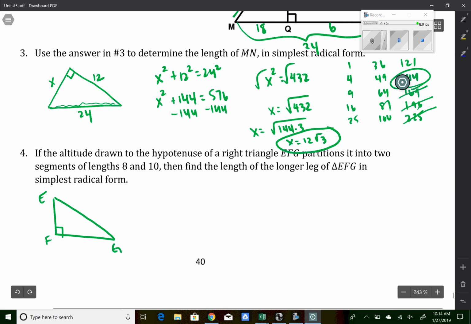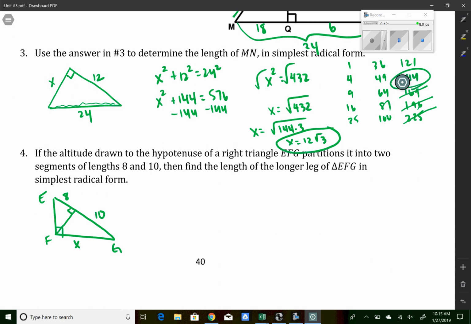I have a segment that partitions the hypotenuse into two pieces of 8 and 10. If I want to find the longer leg, I've made it so that my longer leg was x, just from what my picture looks like there.